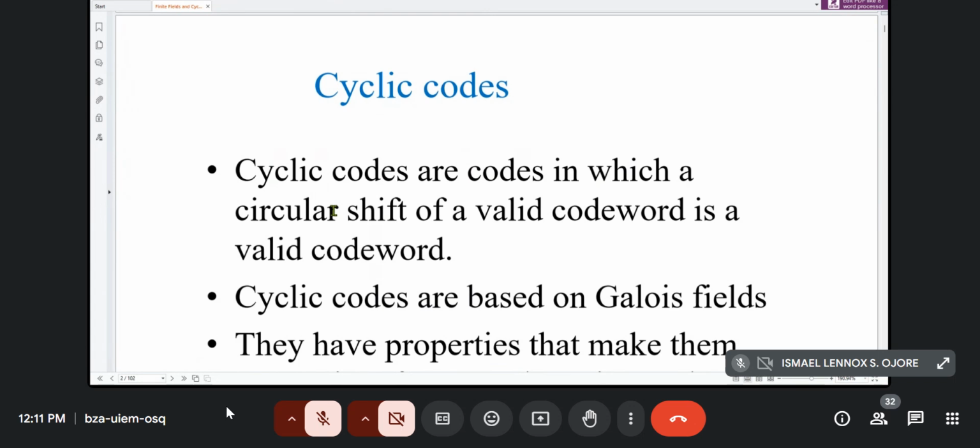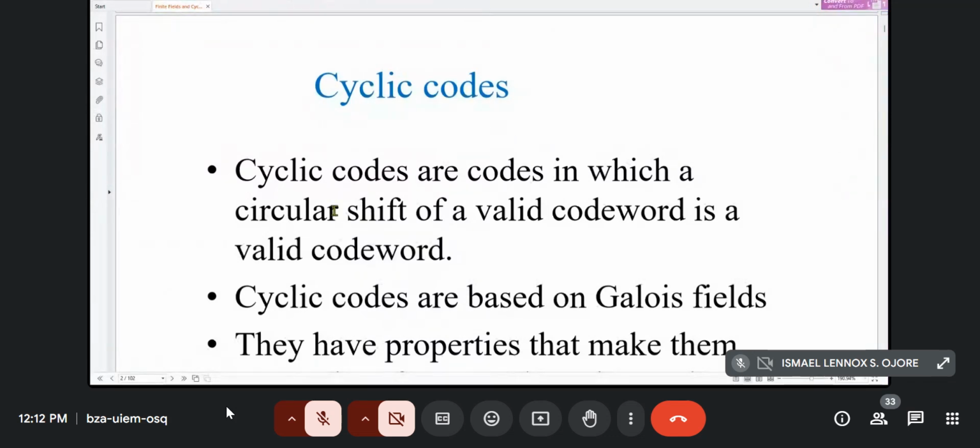Because sometimes you can be using a polynomial, or you can be using a matrix. But if it is a valid code word, it means it was generated by a particular generator matrix or generator polynomial.